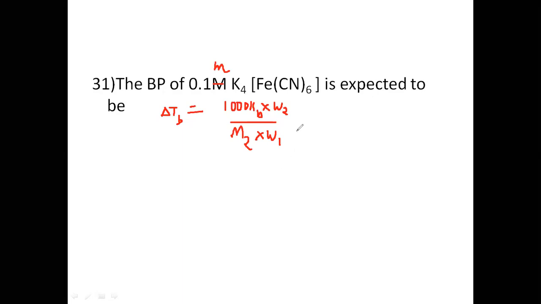And one more thing, remember, this potassium ferrocyanide, where it is dissolved, is not given. So you have to take the solvent as water only. We cannot take the solvent as any other. And for water, whatever the value of Kb is, it is a constant also.